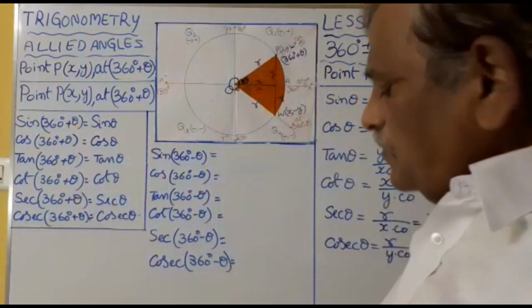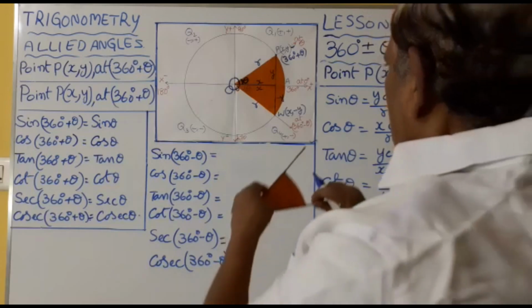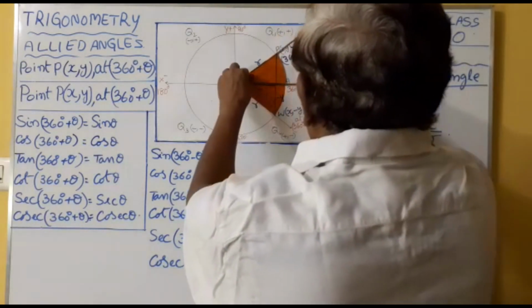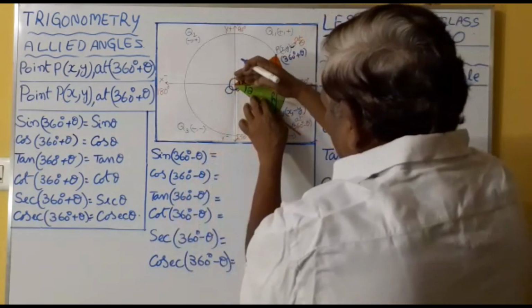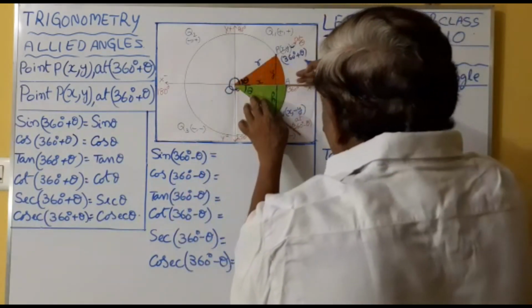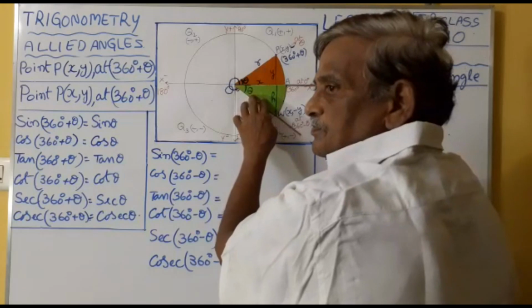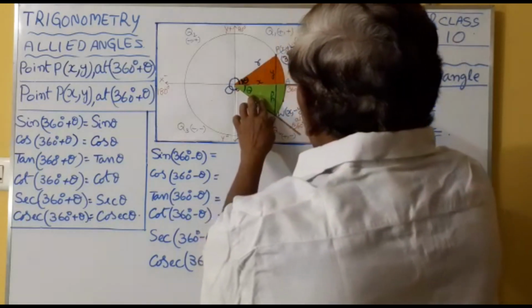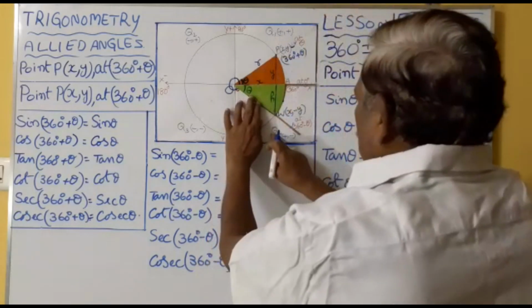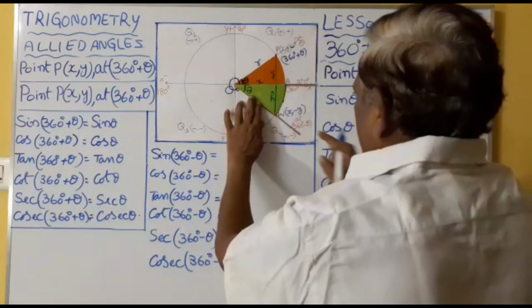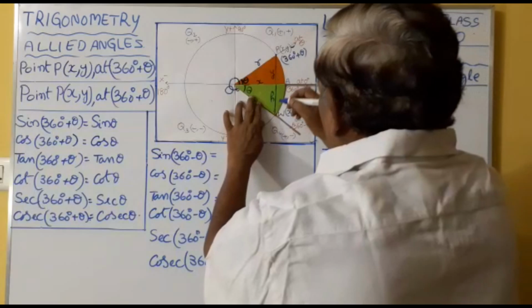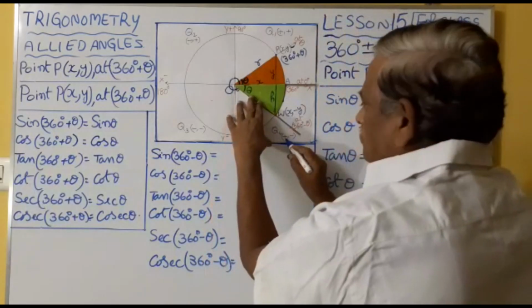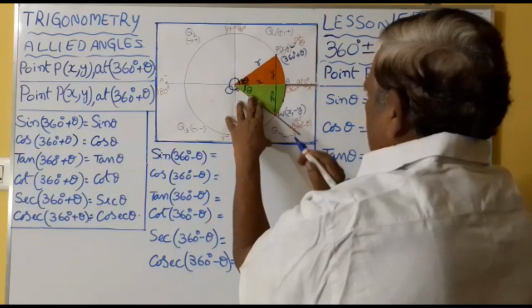Now, place the sector like this. Now, invert the sector about the x-axis. The point P, due to inversion, enters into Q4 from Q1. In Q4, we know that the x coordinate is positive and the y coordinate is negative.